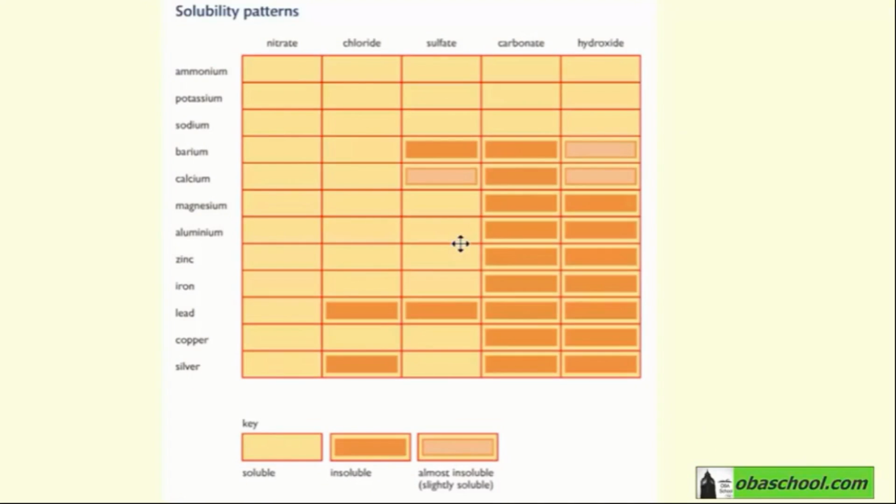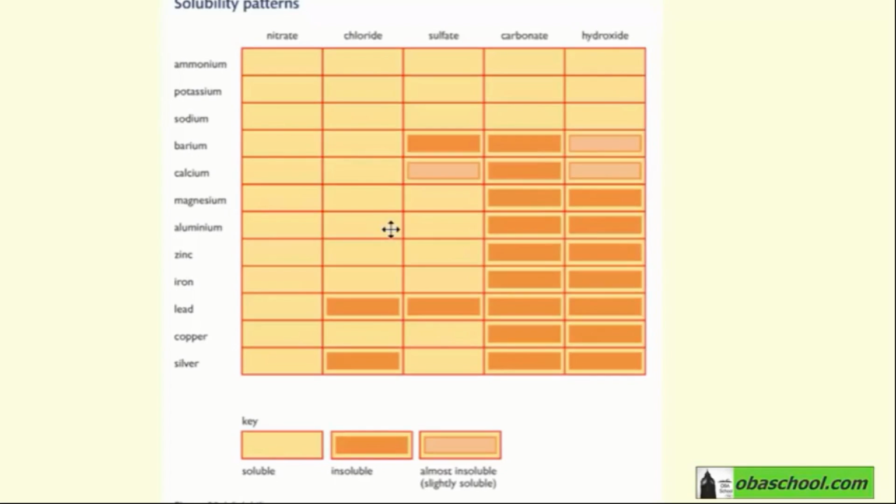As we said, we have the metals on the vertical side, like silver, copper, lead, iron, zinc, aluminium, magnesium, calcium, barium, sodium, potassium, and ammonium. And on the horizontal side, we have nitrate, chloride, sulfate, carbonate, and hydroxide.